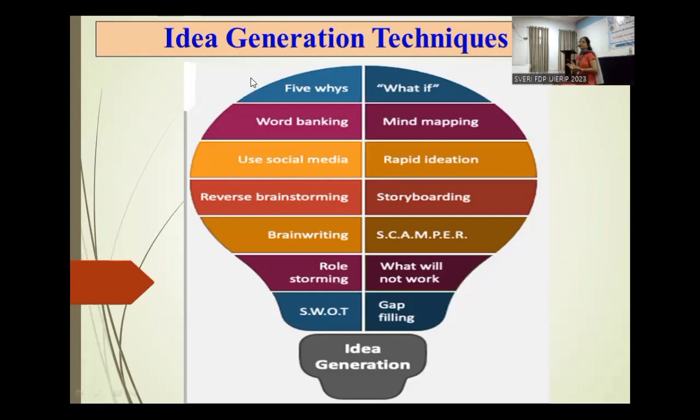Whatever idea comes to your mind, whether it is sustainable or not, and also for getting many more ideas, you can take the help of social media. Suppose one idea came to my mind that I will do some product development, and I want to know whether this idea is sustainable and whether somebody has worked on this idea or not.